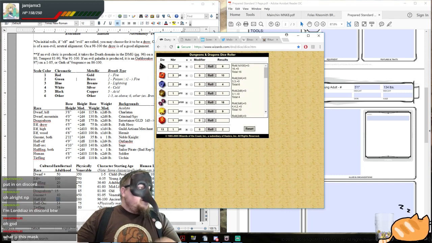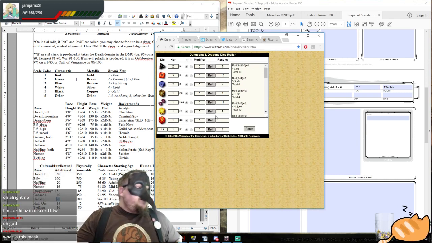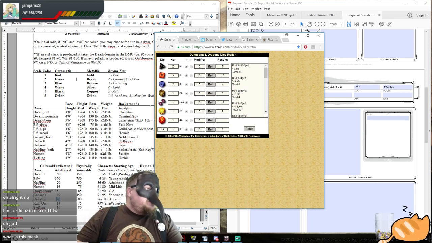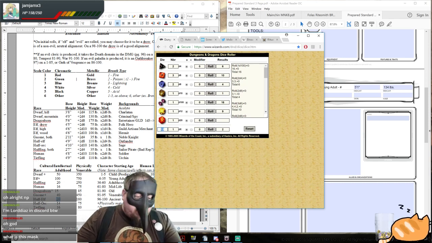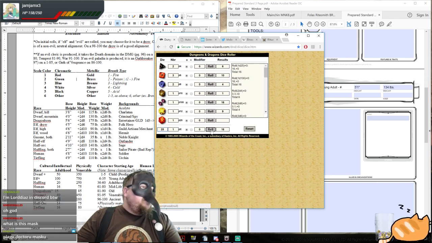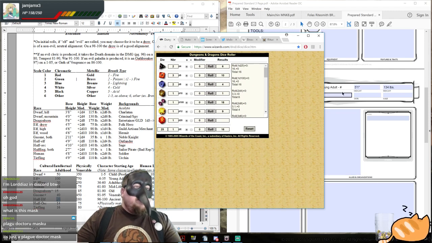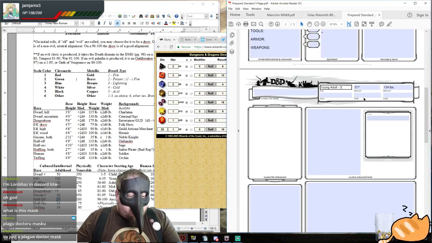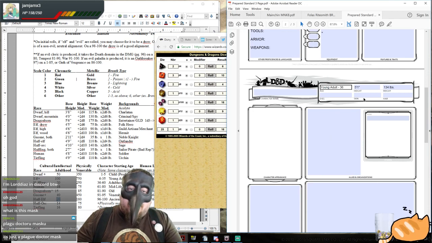And then they live to 180, so we have a pretty good spread here. So let's give about a 25-year spread, and we're going to add this to 20 to determine how old this person is. 16. So a very spry 36-year-old half-elf.